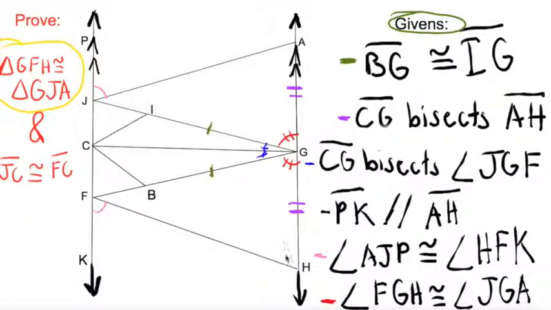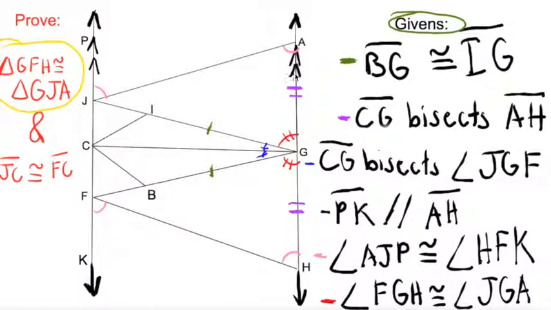And by the alternate interior angles conjecture, we can show that these four angles are all congruent to each other since both lines they are formed with are parallel.